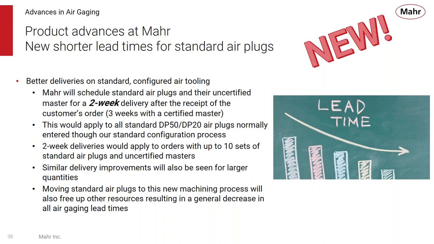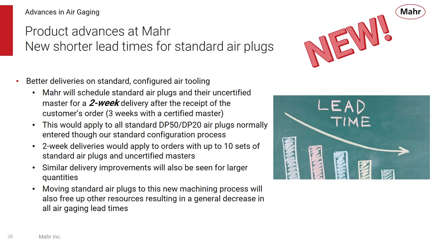If a certification of the master is required, we will process with a 3-week delivery. And this is going to apply to all our standard DP50, DP20, basically all our low magnification air plugs entered through this standard configuration process. And if there are multiple plugs on an order, we'll offer 2-week delivery on up to 10 sets of masters and air plugs on the same order.